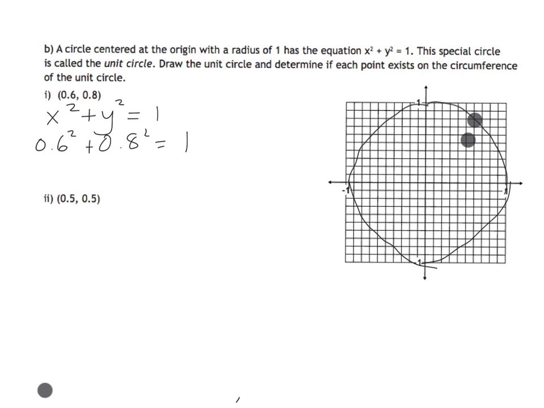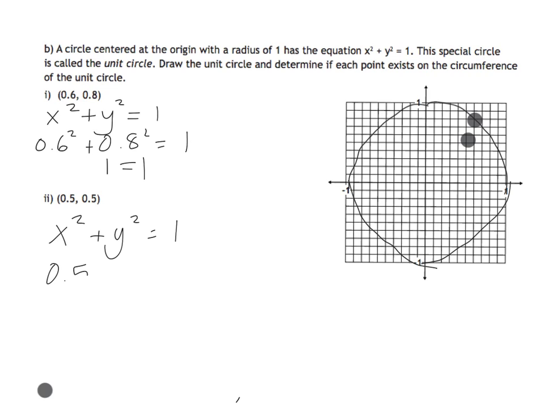So 0.6 squared plus 0.8 squared actually does equal 1. It's 0.36 plus 0.64. We get 1 equals 1, which means that the point at 0.6 and 0.8 actually is on the circumference of the circle. Then if we try 0.5 and 0.5, same thing.